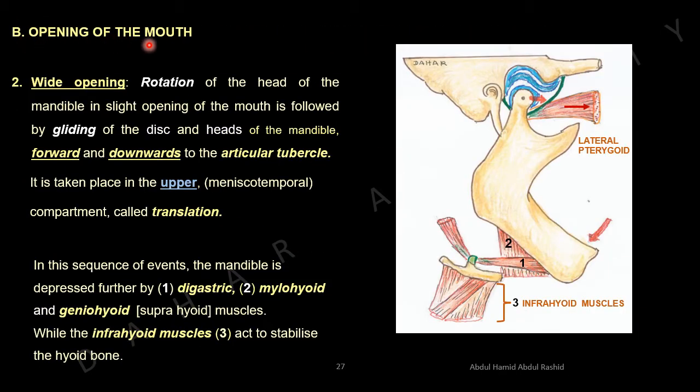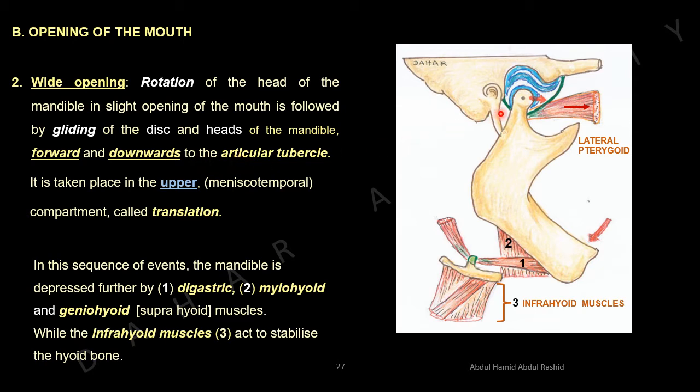Continuation of opening of the mouth. Let's see the diagram. This is the head of the mandible. This is the fossa for the head, and this is the articular tubercle. Let's talk about the second one, wide opening of the mouth. Rotation of the head of the mandible in slight opening of the mouth is followed by gliding of the disc and heads of the mandible forward and downwards to the articular tubercle.